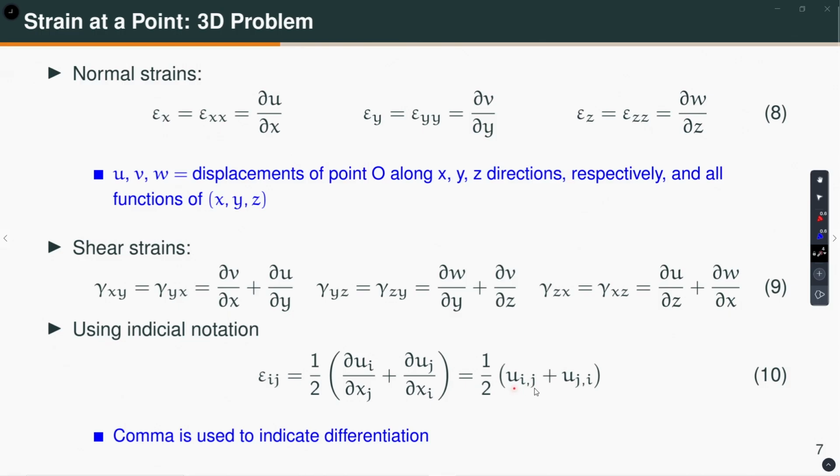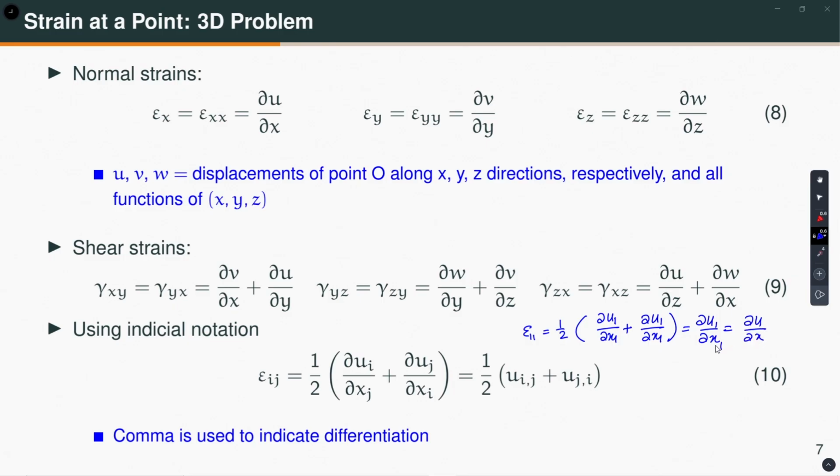So, ui comma j means del ui del xj, and uj comma i means del uj del xi. If I determine one of the components, let us say epsilon 1 1, this is 1 by 2 del u 1 del x 1 plus del u 1 del x 1, which is basically del u del x.